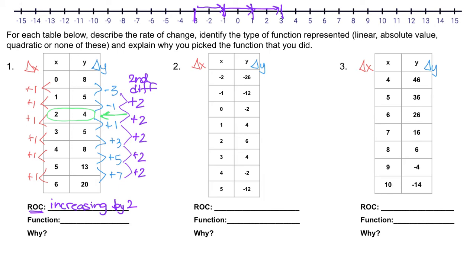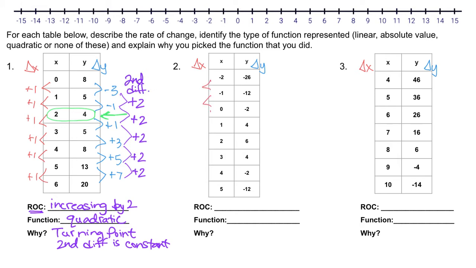And when we see that, we know that we have a quadratic function. The reason we know that is because there is a turning point and the second difference is constant. And you can abbreviate that a little bit.